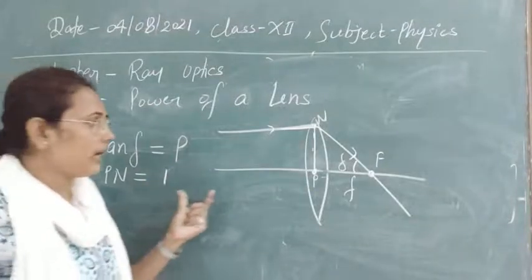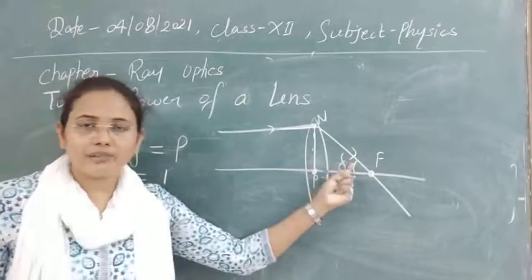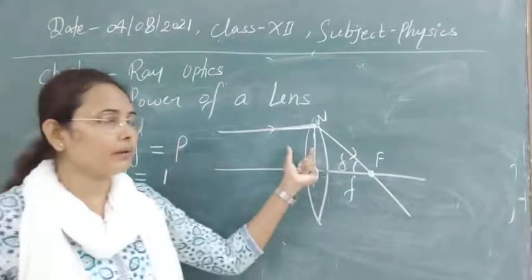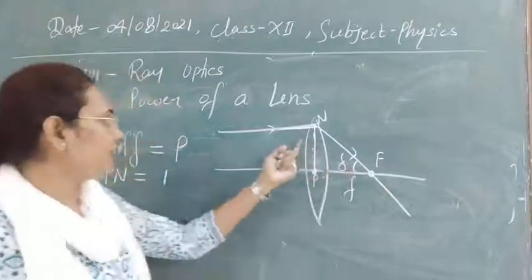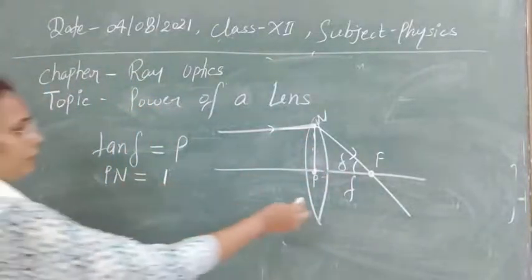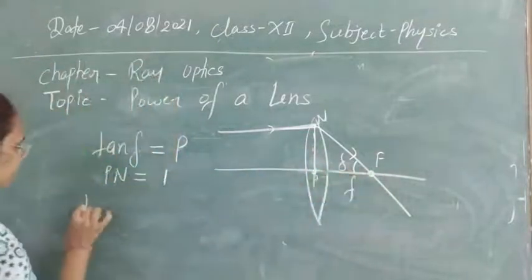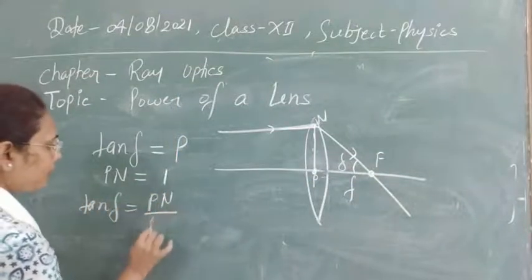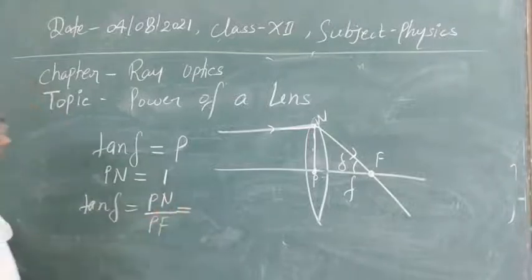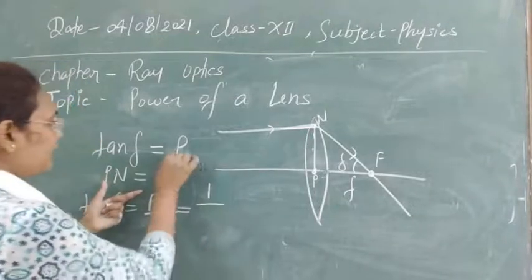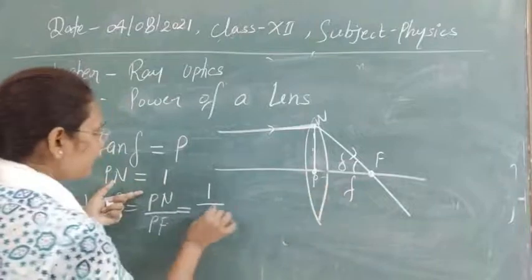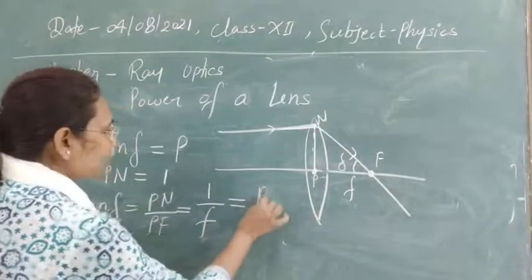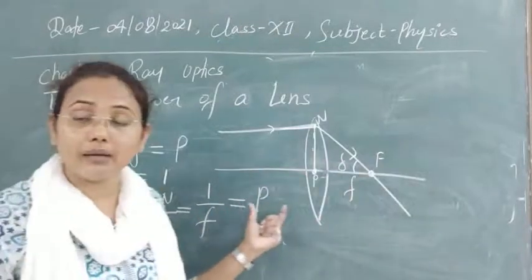So if we formulate tan delta using trigonometry, tan delta is equal to perpendicular upon base. The perpendicular is Pn, the base is Pf. So tan delta can be written as Pn upon Pf, and as Pn has value 1, unity, and Pf is f, it means that the power of the lens is the reciprocal of the focal length in meters.